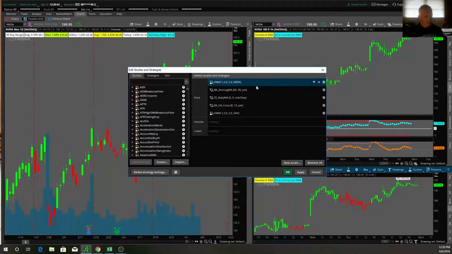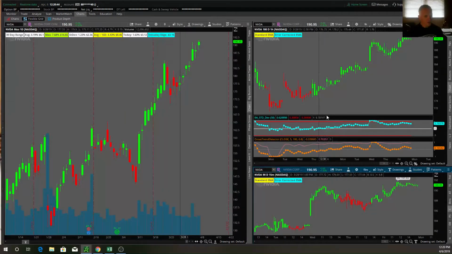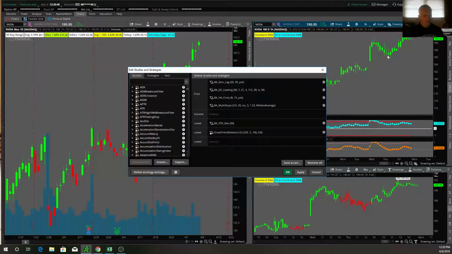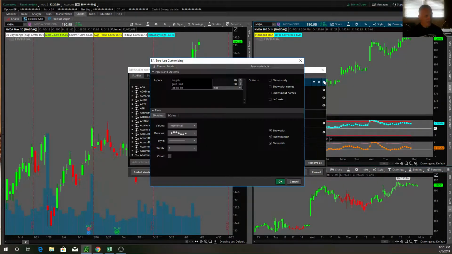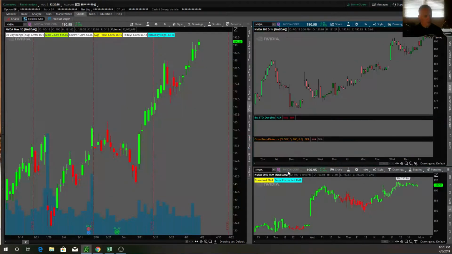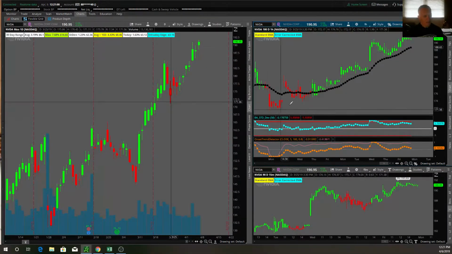The first thing, well, let me go back. There's one thing I left off up here. I really like the BA0 lag moving average. I've got it set up as black with connected squares. See how that thing will hug price as it's moving up.